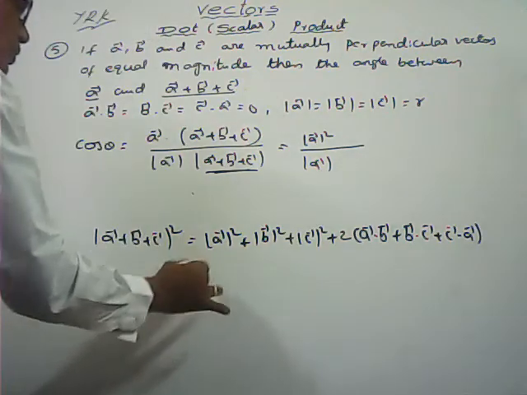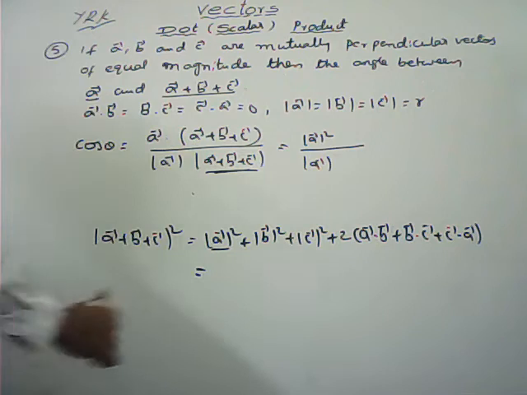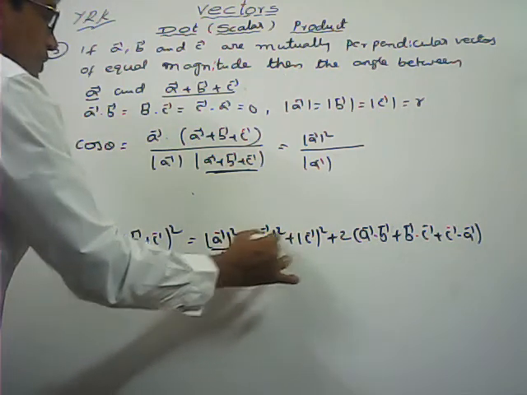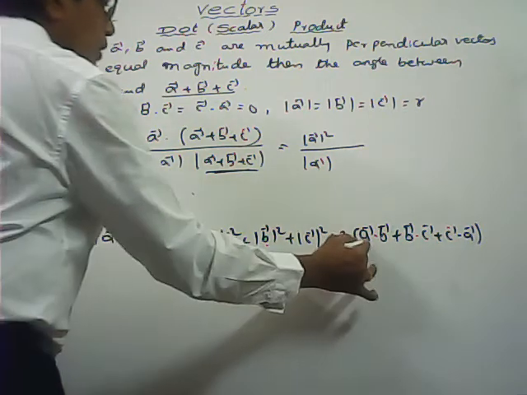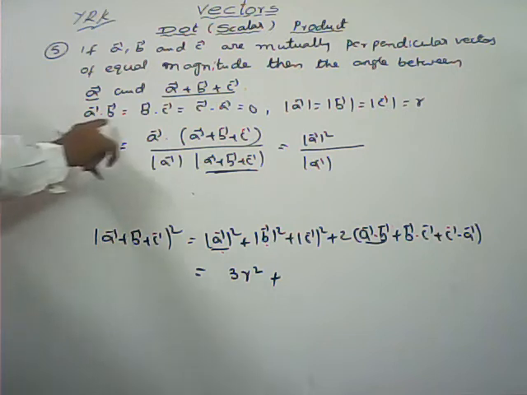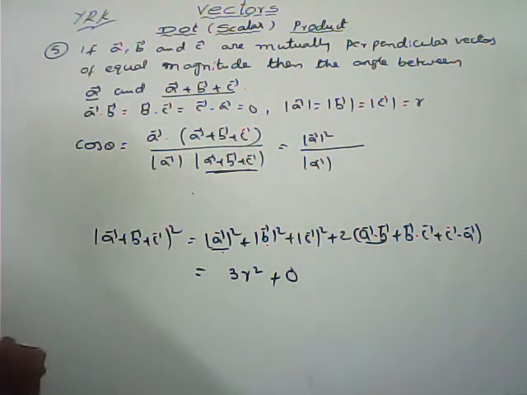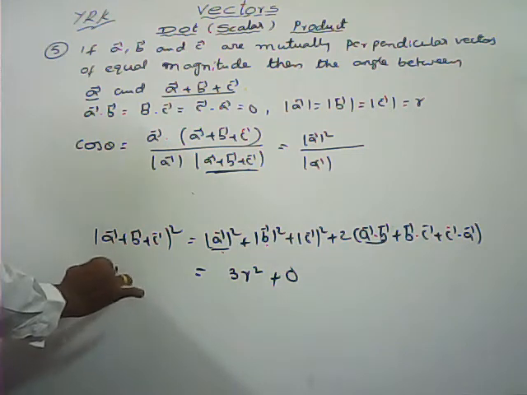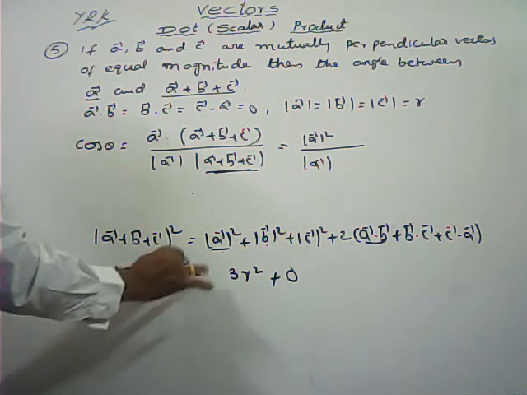That is equals to, here all the three vectors have the same magnitude, I have taken R square plus R square plus R square, that is 3R square, plus A bar dot B bar, all the three are mutually perpendicular. So, the dot product, if I take any two, should be 0 only. Overall we are getting 0. So, this is the modulus of A bar plus B bar plus C bar square.